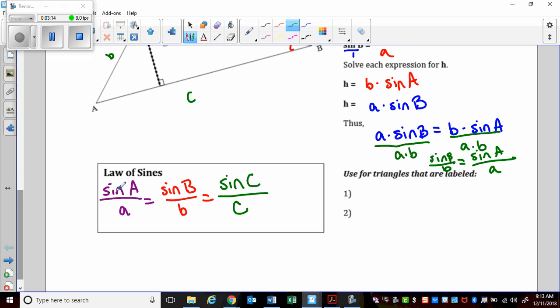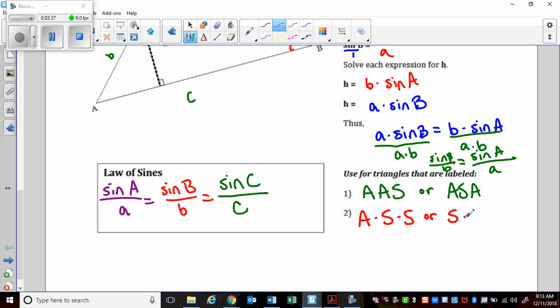When they give us information such as the angle, the next angle, and then the next side, this works. Or if they give us angle, side, angle, this works. But if they give us angle, and then a side, or the reverse of this, a side and then an angle, remember we said there's no bad words in geometry?